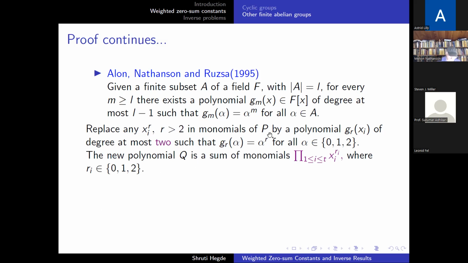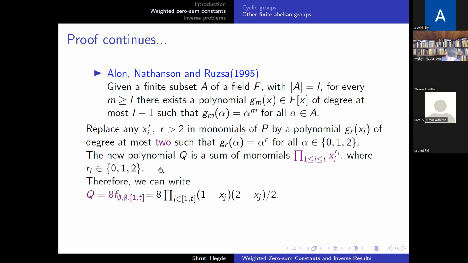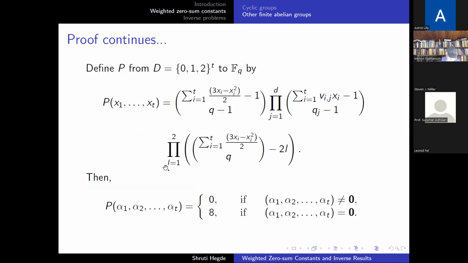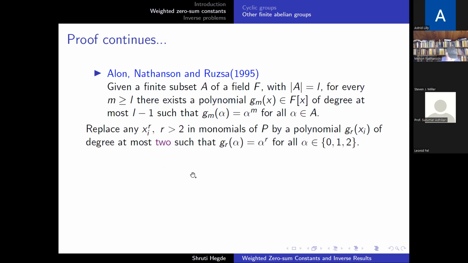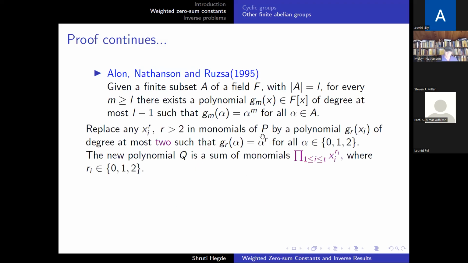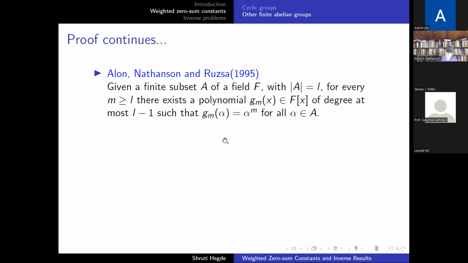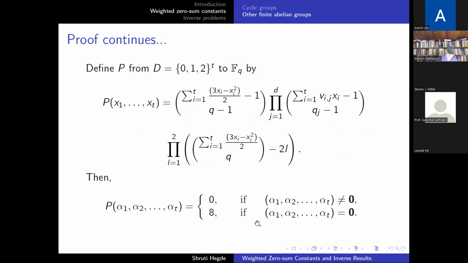So Q is in fact now an F_Q linear combination of the basis elements. By the way we have got Q from P, it is easy to see that Q takes exactly the same value as P at any element of the set B. So Q also takes these values.